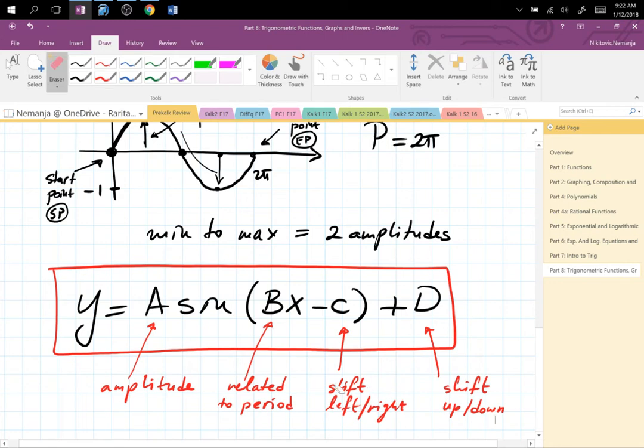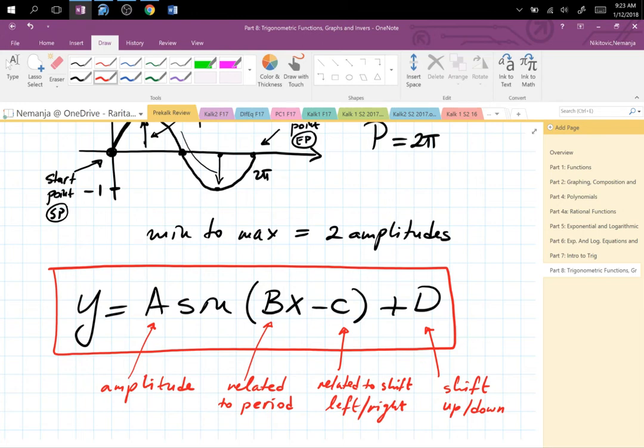You know what, I'm gonna change this shift left, right into related to. Because if you see there negative pi over 4, it's not going to be shifted pi over 4. We'll see why and how. So this is your equation.